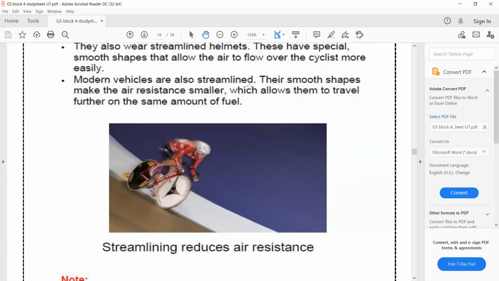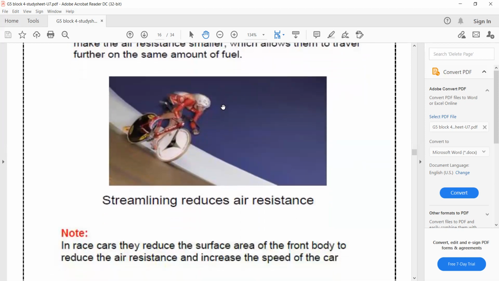Their smooth shape makes the air resistance smaller, which allows them to travel farther on the same amount of fuel. The modern cars have a streamlined shape to reduce the air resistance.